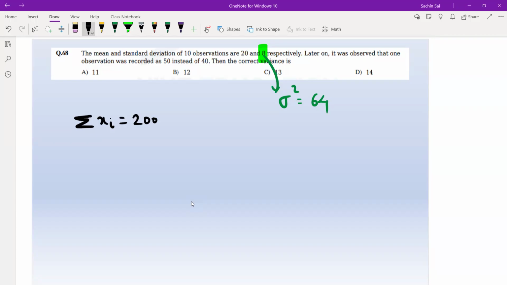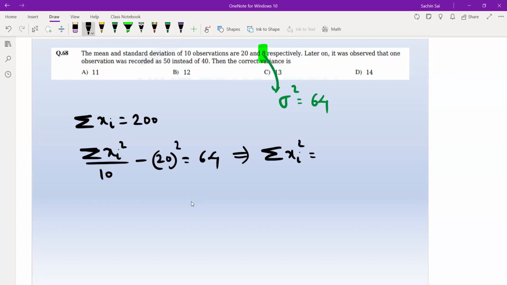And variance is 64, which means mean of squares minus square of mean is 64. From here, you will get summation xi square equals 10 times 464, right?